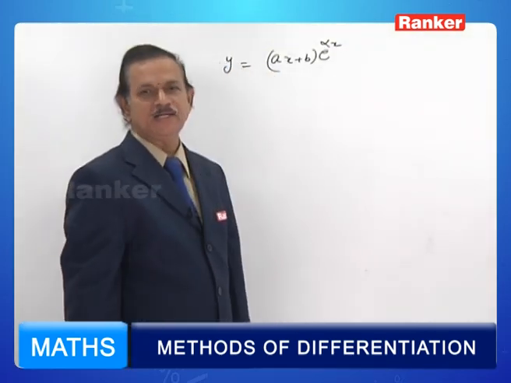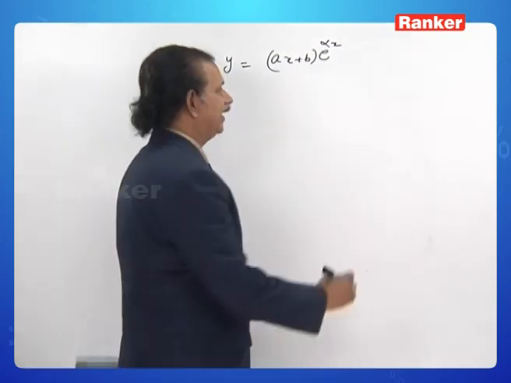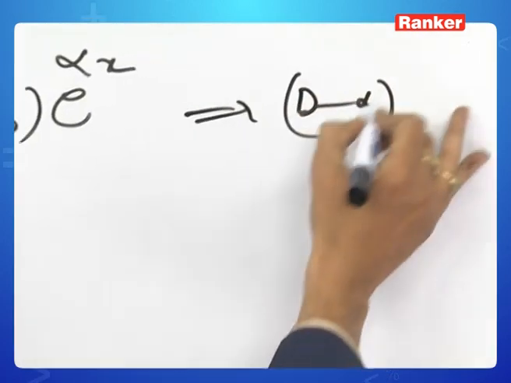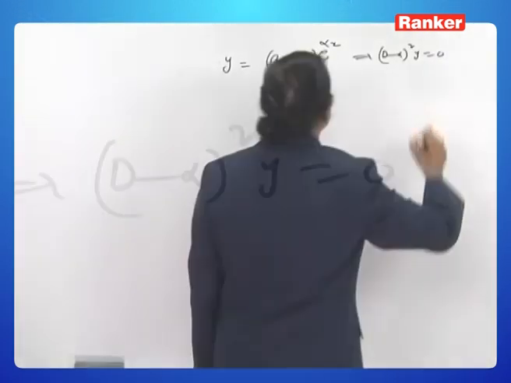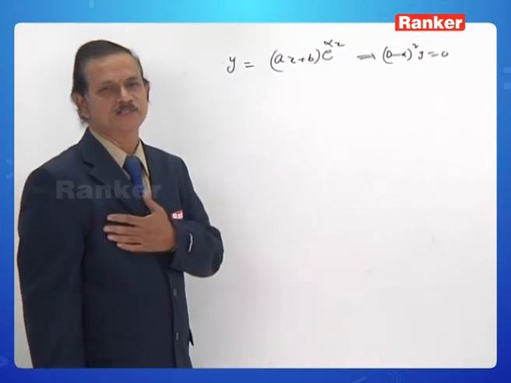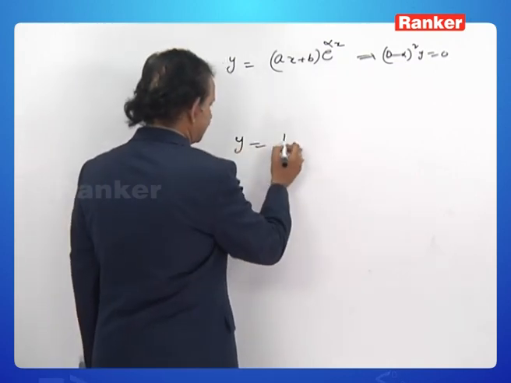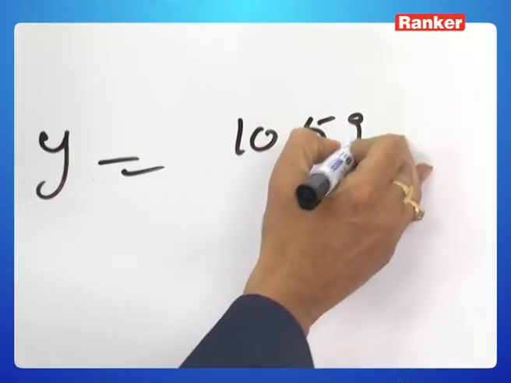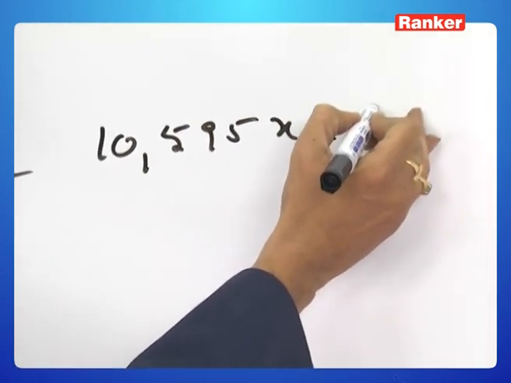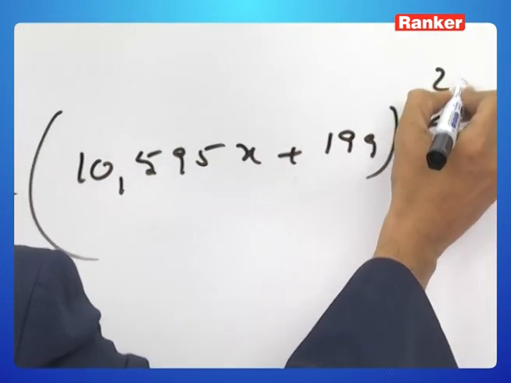If you have y is equal to (ax plus b) into e power alpha x, in this case, (d minus alpha) whole square of y is equal to 0. To threaten you, he may give problems like y is equal to 10,595 into x plus 199 into e power 2x.